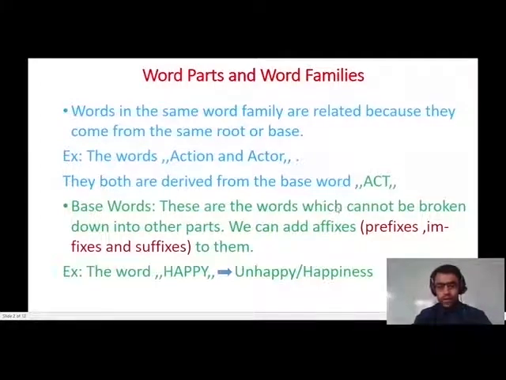For example, the word happy is an example of a base word which cannot be divided into any other parts. And still we can add suffixes and prefixes to the word happy. For example, unhappy, to make it negative by adding the prefix un, and adding the suffix ness, which changes it to the noun happiness. So happy is an example of this word.